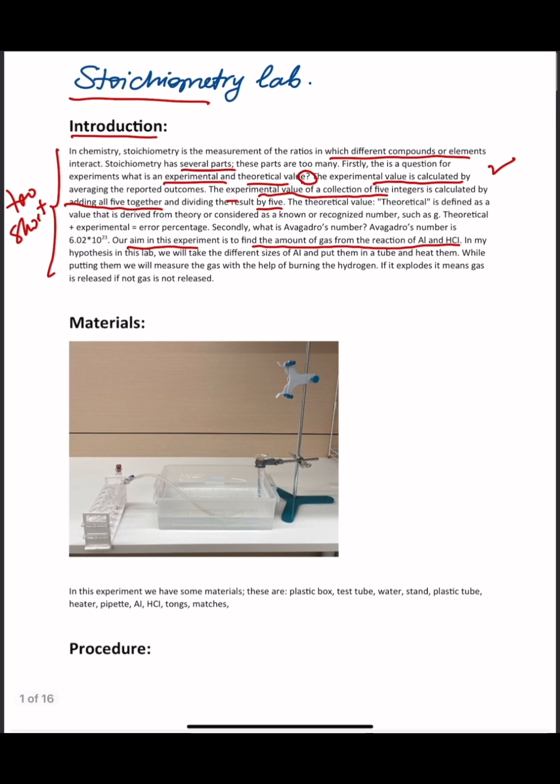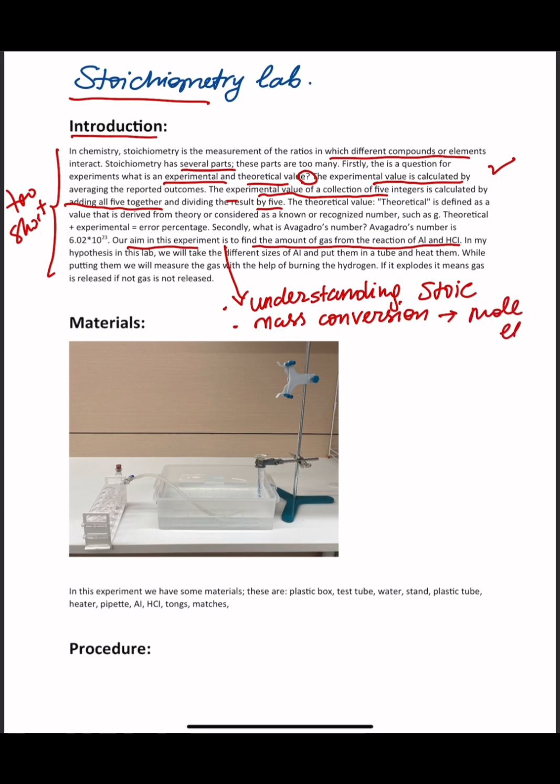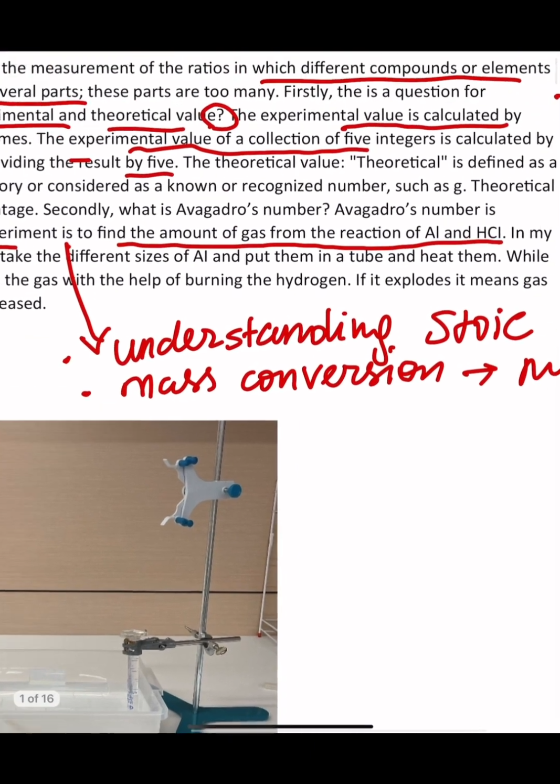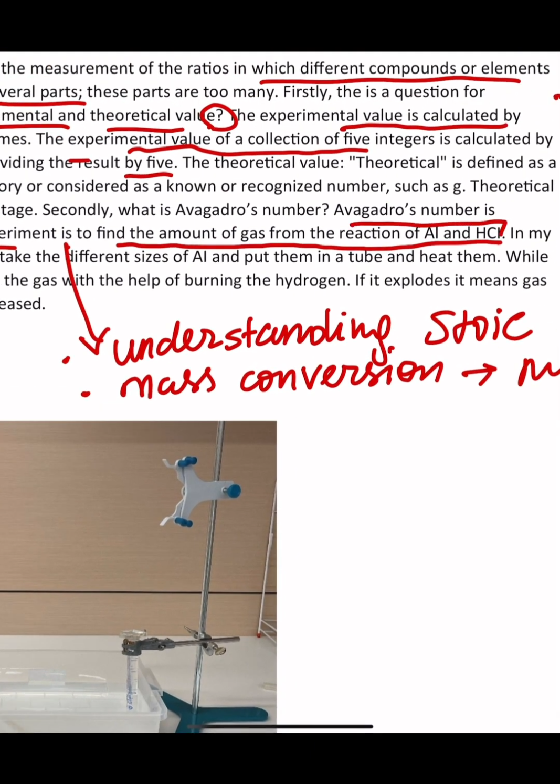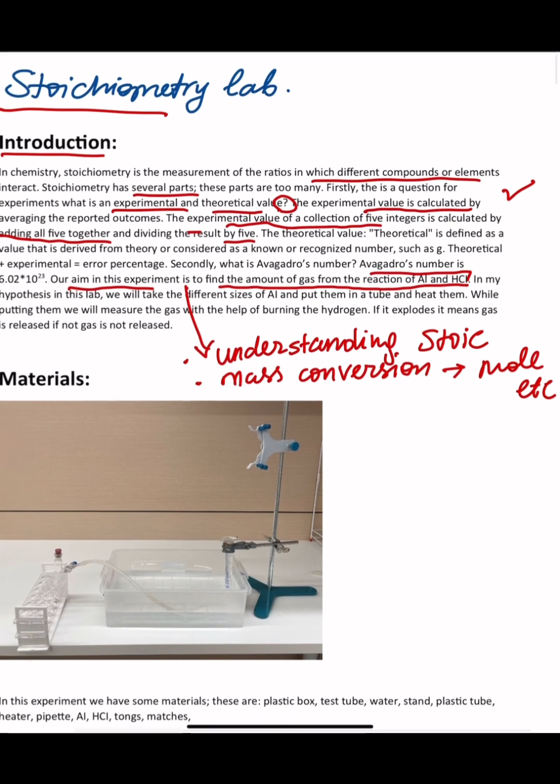But our aim in this experiment wasn't just finding that, it was understanding stoichiometry, and also learning how to do mass conversion into moles and all that different stuff. When they narrow it down to such a small aim, it's not good.